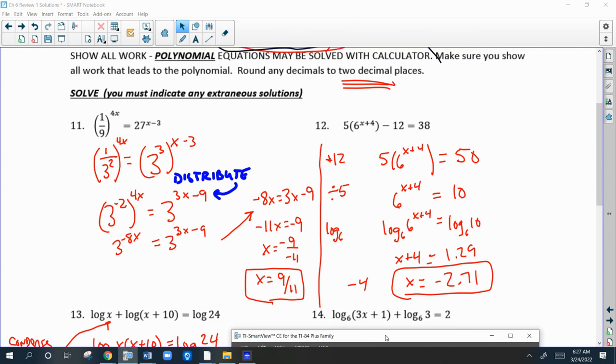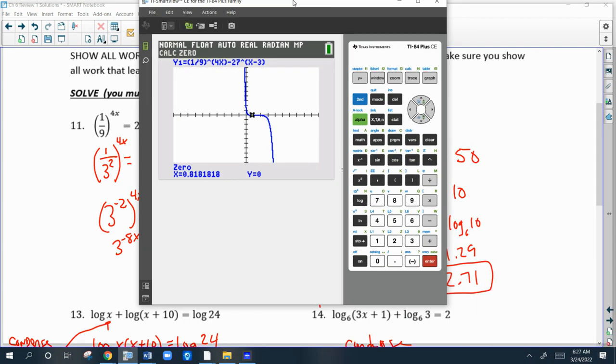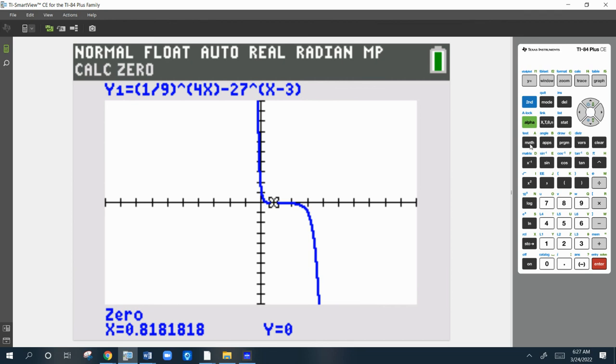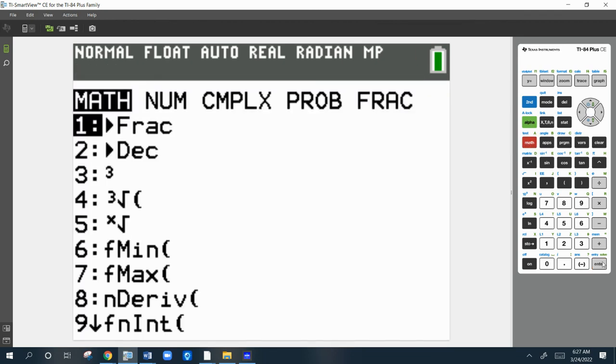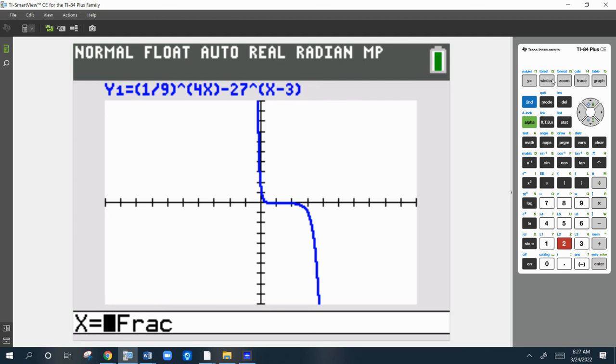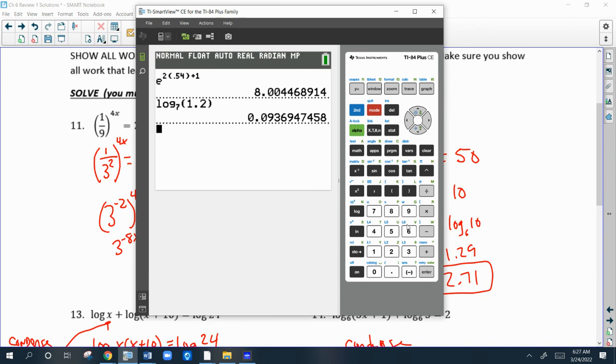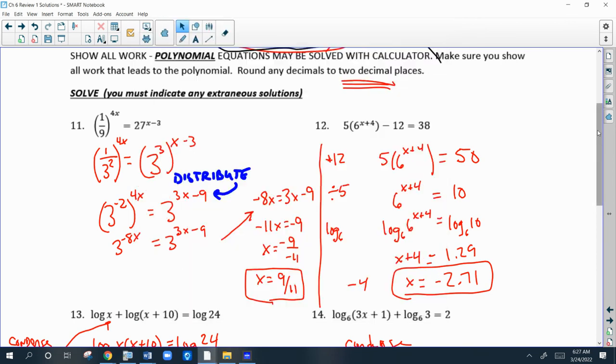I got 9/11. I didn't change it to a decimal, but that's okay. I just type in 9/11. Sometimes it will change that. No, okay. Let me clear that. I'll just make sure that 9/11 is 0.818181. 9 divided by 11 is 0.8181, yes, so that's a check.